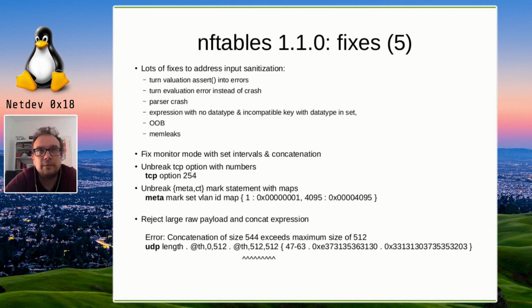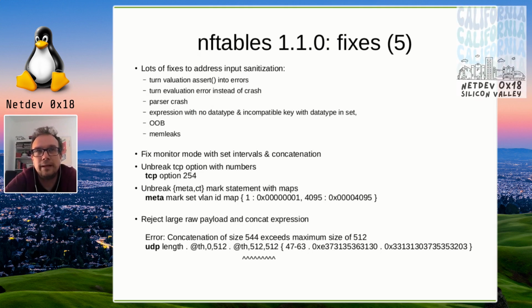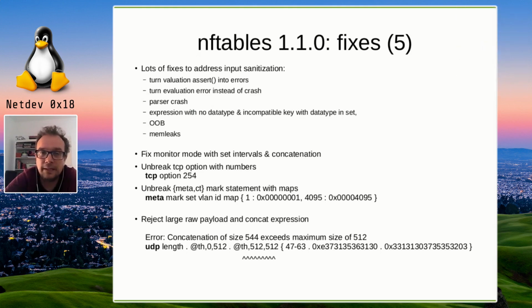I did not mention, but we've been combining AFL++ with ASan and also Valgrind to find all these bugs. And also some trivial memory leaks that were found in error paths. Just to make sure that NFT is fine also in that regard.